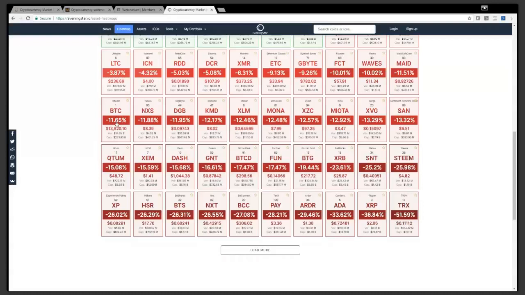But obviously the Dash, NEM, they're all down. IOTA's a top one as well. That's been down. So these are your opportunities to get in and take advantage. So what do I do? I take from what pops and I put it on what drops.